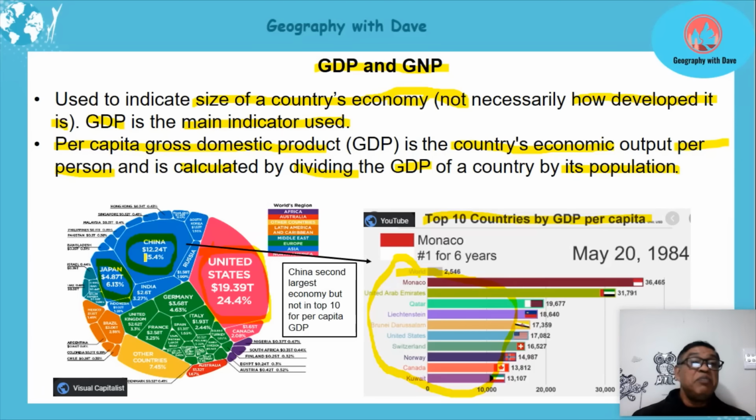But China has 1.4 billion people compared to Japan, which may have 100 or so million people. And if you divide, you'll find that the per capita GDP for Japan is greater. All right, you got that? Let's go on.